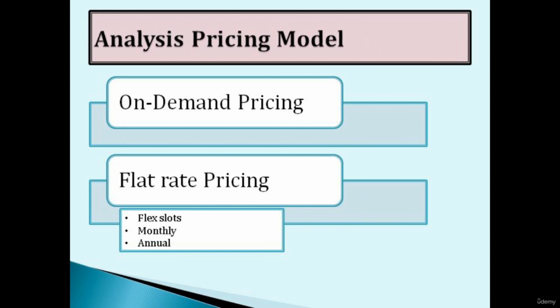Second is monthly plan, you commit to an initial 30 days. Then there's annual plan where you commit to 365 days. With monthly and annual plans, you receive a lower price in exchange for a longer term. Capacity commitment, you can combine both models to fit your needs.